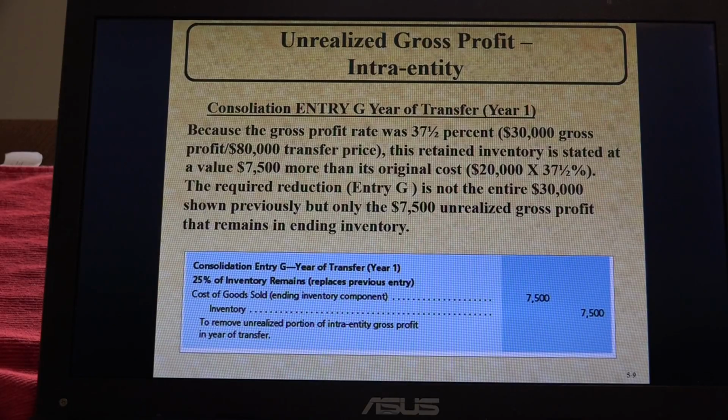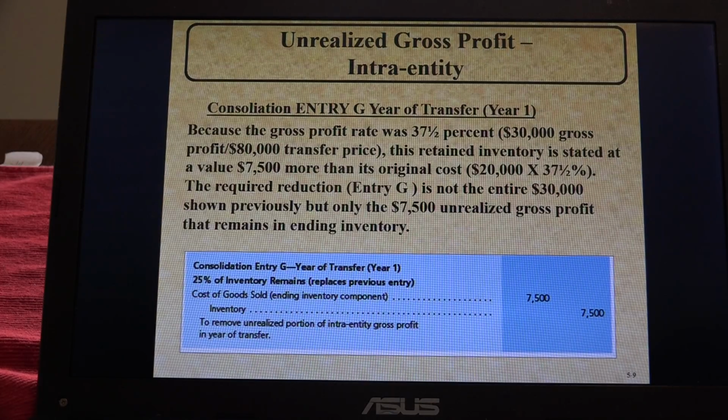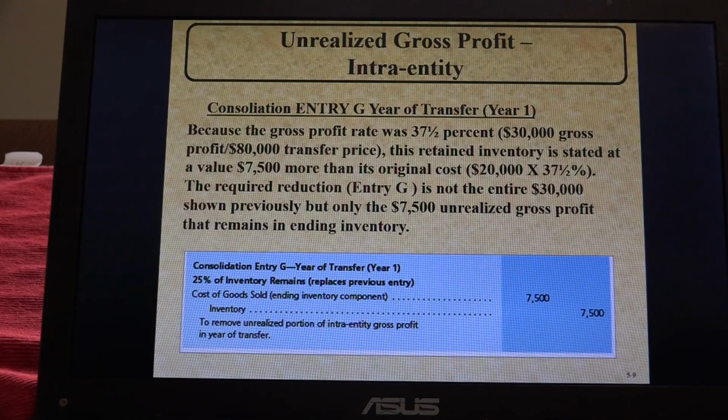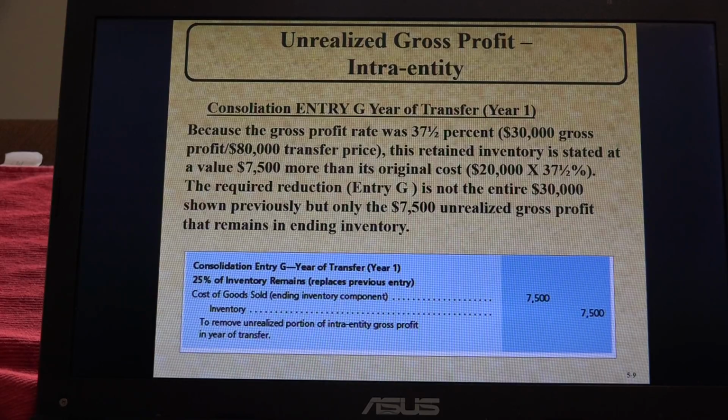Well, what about year two? What happens then? Well, remember that these companies have their own books, and this ending inventory still sits on their books as beginning inventory for the next year.